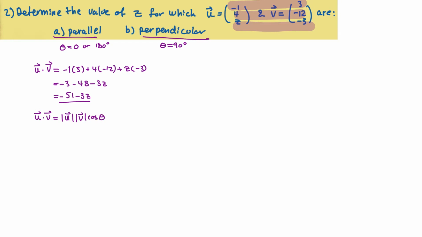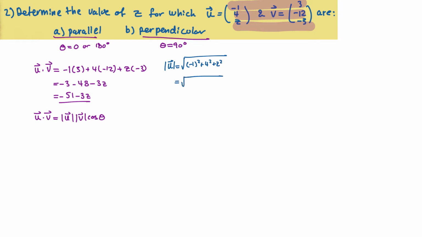So let's find the magnitudes, and I'll do this using blue. So the magnitude of u is equal to the root of the x component squared plus the y component squared plus the z component squared.